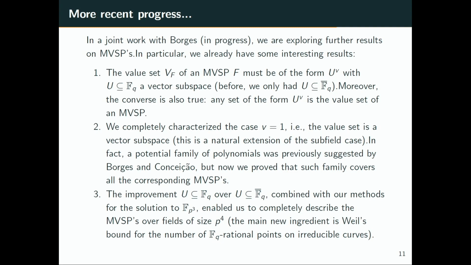And the interesting part is that the new ingredient is Weil's bound for the number of rational points on algebraic curves. So basically, we tried to do this before, but we could not control the rational points because they could be in the algebraic closure. If they are in a very large extension, we cannot say anything. But now we know that it is in F_q.